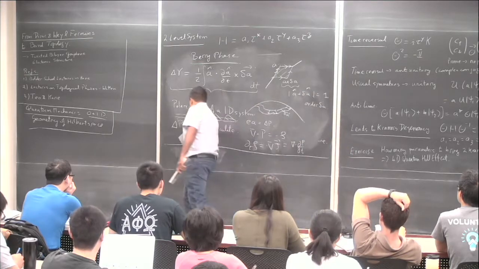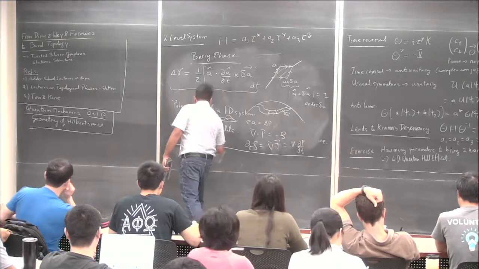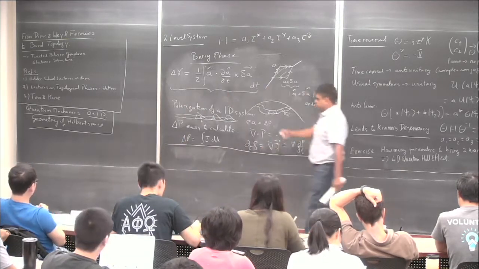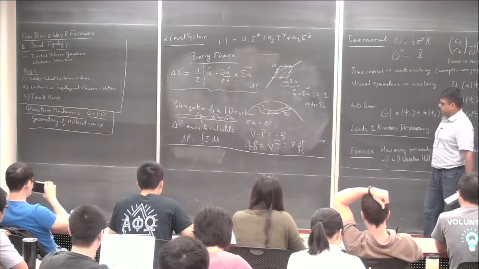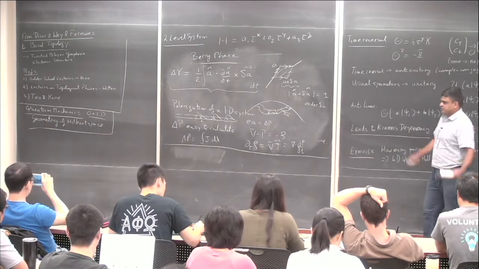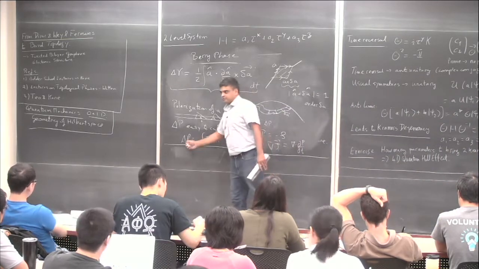Delta P, schematically, is just the integral of J over this parameter lambda that you're using to change your system. You imagine changing this physical parameter, measure the currents that flow in the process, and then you can figure out the change in polarization.